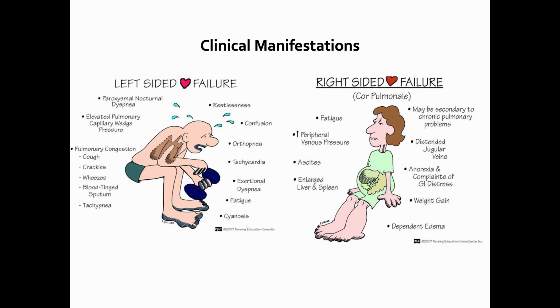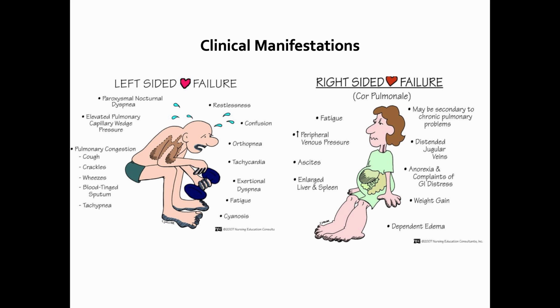So when you hear PND, when you get that description, that is gold, because that is heart failure. Has to be. There's nothing else that causes PND. So that's a very useful thing to find. So coughing, all the pulmonary kind of stuff, left-sided failure.